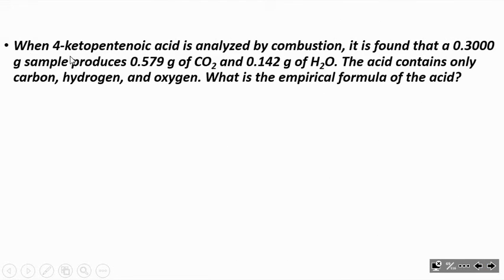Okay, so we've got this guy, and he is being analyzed by combustion. We find that 0.33 grams is producing 0.579 grams of carbon dioxide and 0.142 grams of water. The acid contains only carbon, hydrogen, and oxygen, and they want to know what the empirical formula is for that.